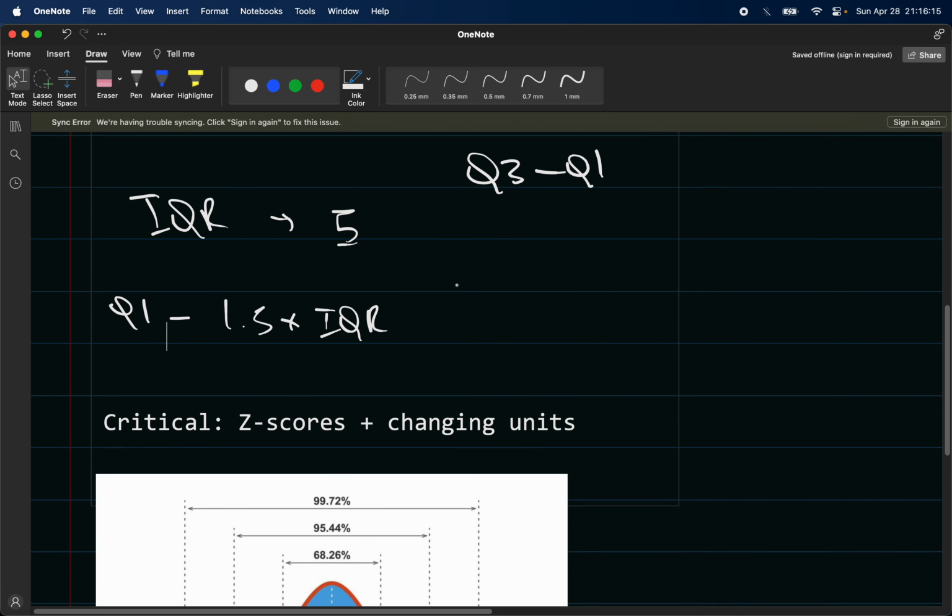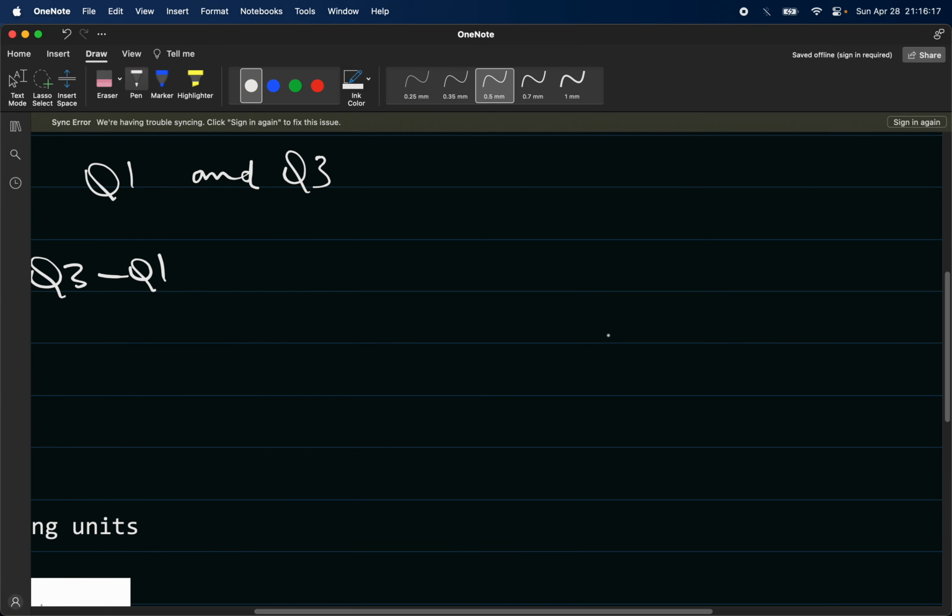Okay, and let's look at the final measure of variability, which is called the variance and the standard deviation. So what is the variance really measuring? Well, the variance is really measuring how far, on average, my points are from the mean. So that phrase is important. It's measuring how far, yes, okay. So how far, I will write this down.